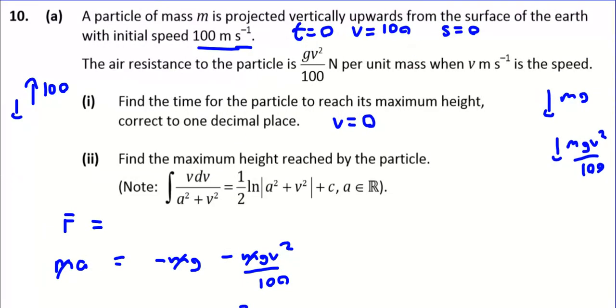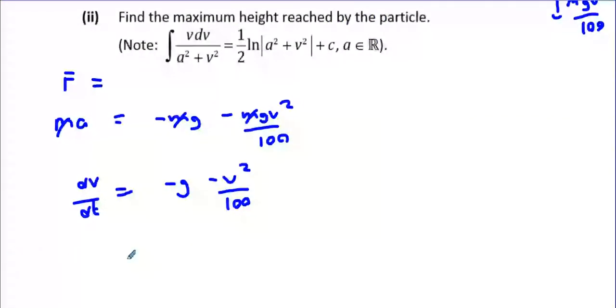So the next thing we're going to do is take out minus g. Oh, sorry, there's a g there as well. And what we might do is give them a common denominator of 100. So I might change that into minus 100g over 100. Okay.